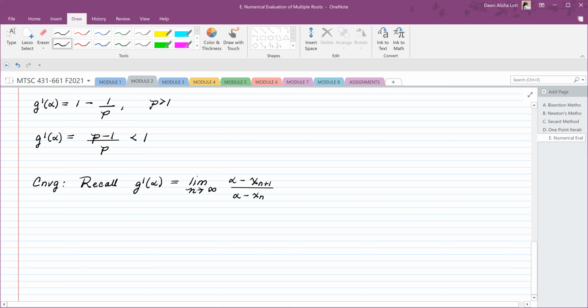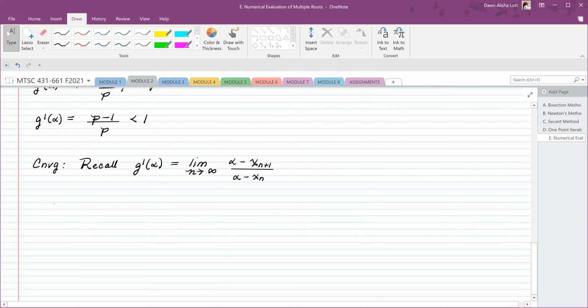Okay. So that implies that the limit as n approaches infinity of (alpha minus x_{n+1}) divided by (alpha minus x_n) is simply g prime of alpha, and g prime of alpha is (p minus 1) over p.